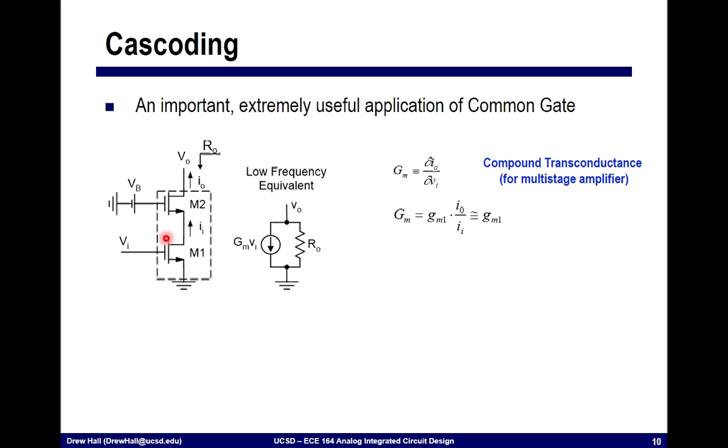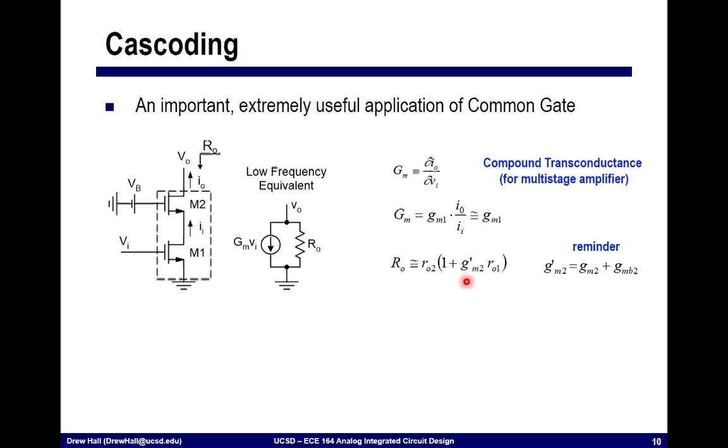All that it does is take the transconductance of M1. That is, M1 converts any little wiggles at this input into wiggles in currents here, and M2 simply copies them. So the compound transconductance for this particular amplifier is simply equal to the transconductance of M1. This capital GM is equal to gm1.